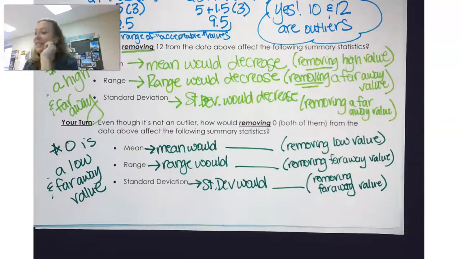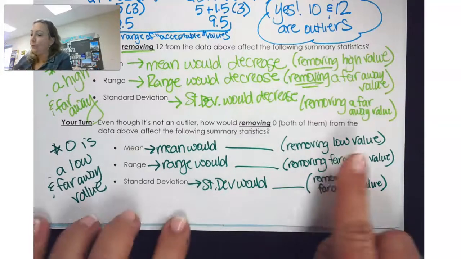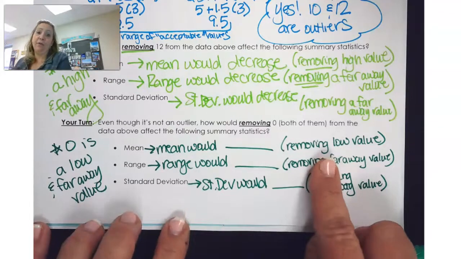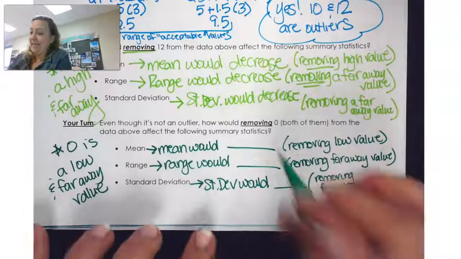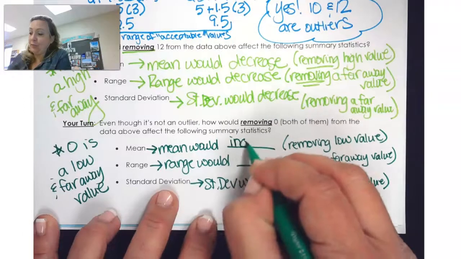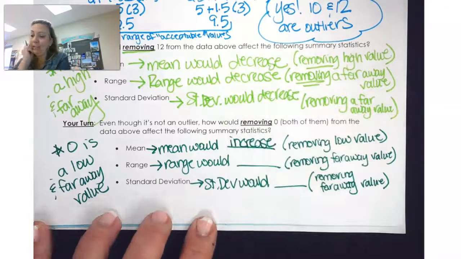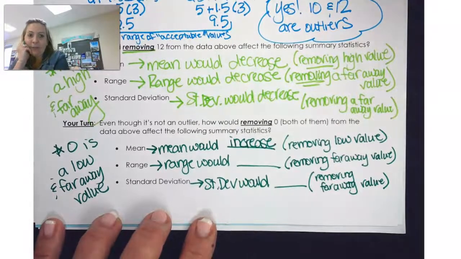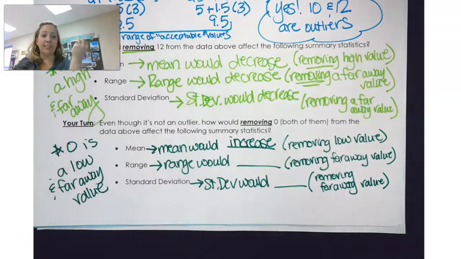Okay, so I don't have all the answers here yet, but I wanted to make sure that we're processing it correctly. If we're removing a low value, now what that means is that the values are on average going to be larger, so our mean would increase. 0 was more than 1 standard deviation away, so that's considered far away.